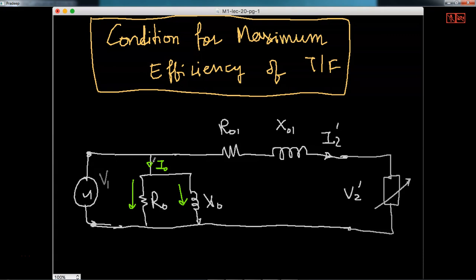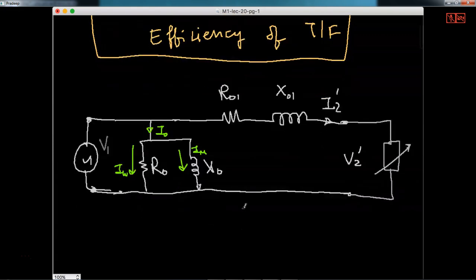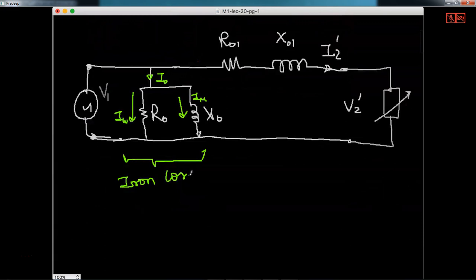This current is IW, as you know, and this current is I mu. So this is a separate parallel branch, as you can see. So these losses are always constant. Iron losses are always constant.